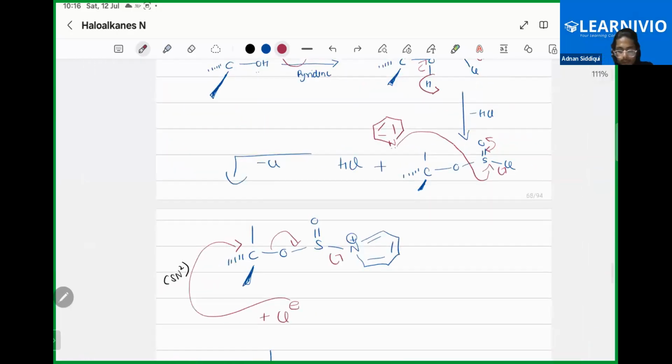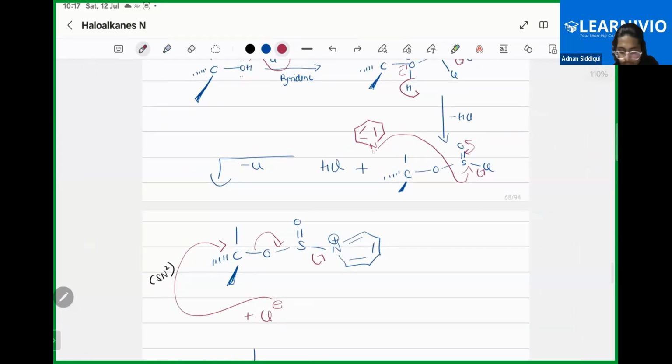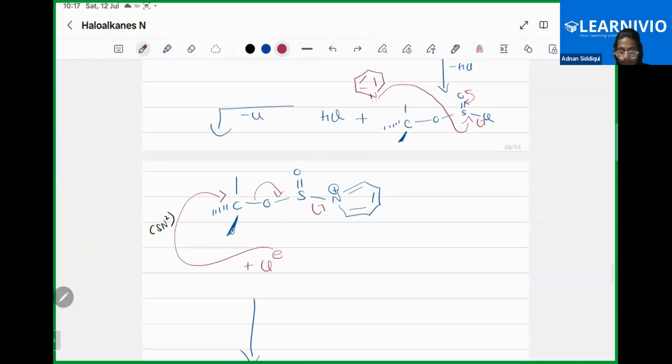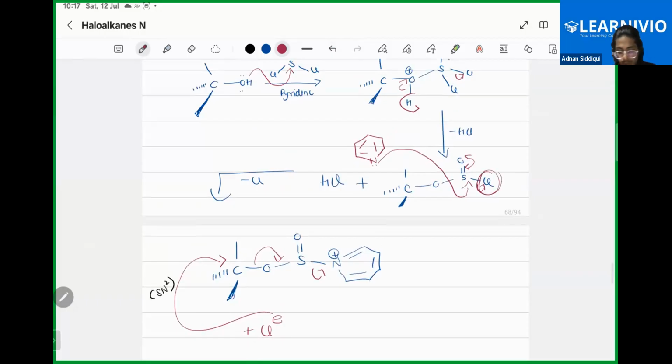Now, after the attack of this pyridine, again I told you something. If some element is donating its own electron pair to some other species, the positive charge is going to be present or develop on the species which is donating its lone pair. So here we have positive charge. Now, in the reaction, I have this chlorine now.